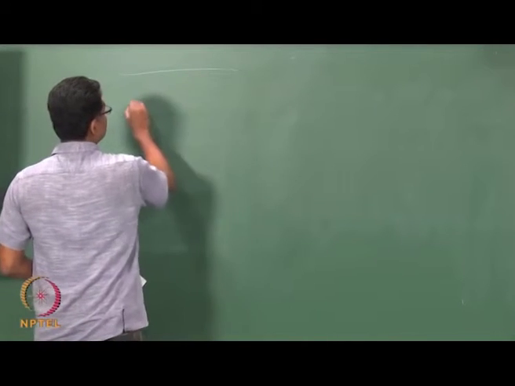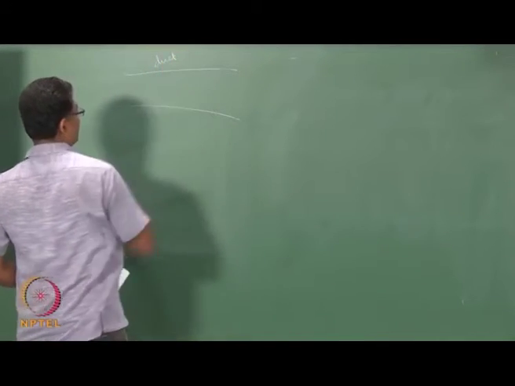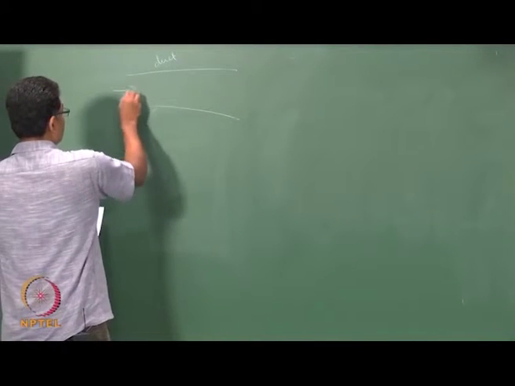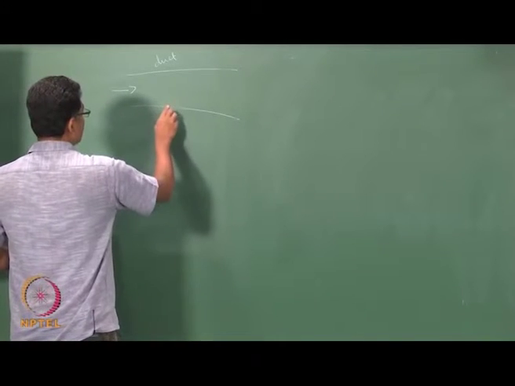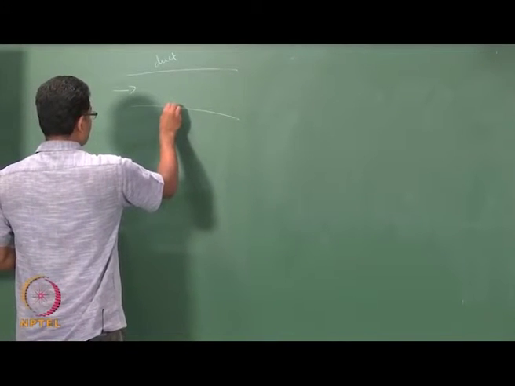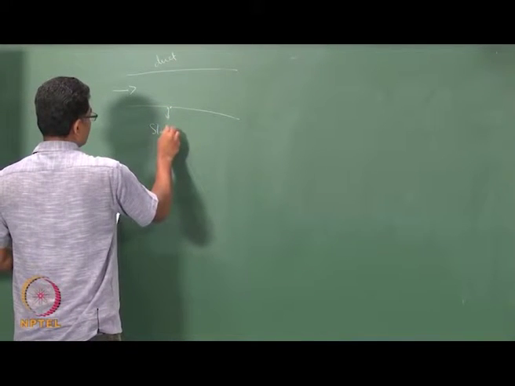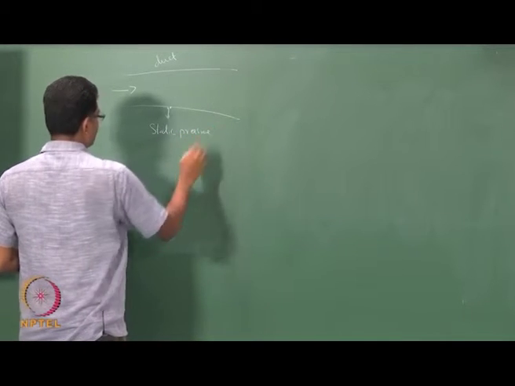So, I have some duct, probably an area changing duct or whatever. So, there is some velocity, and I have a static pressure measured here at the wall.